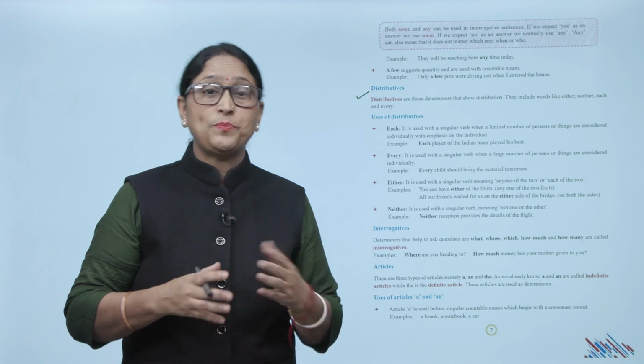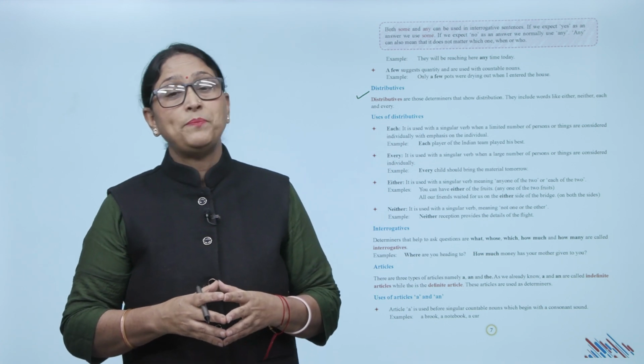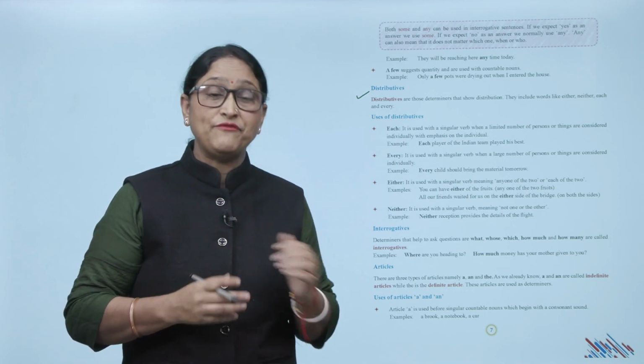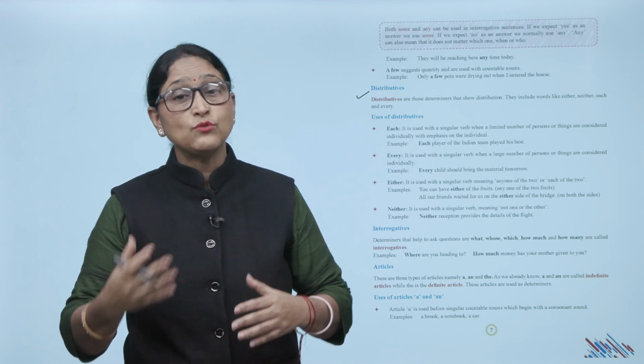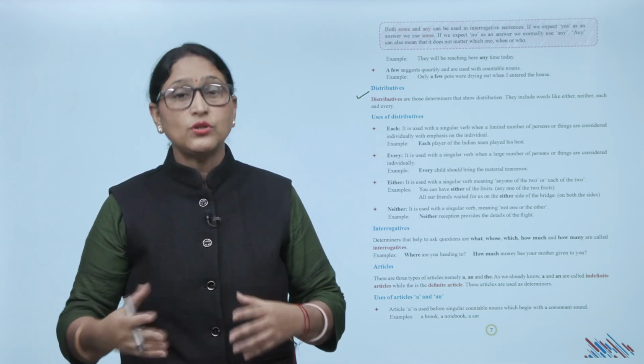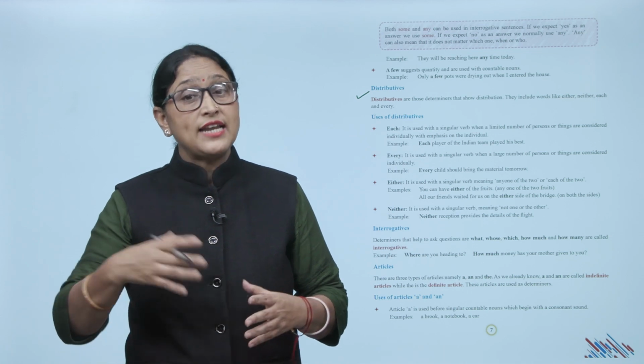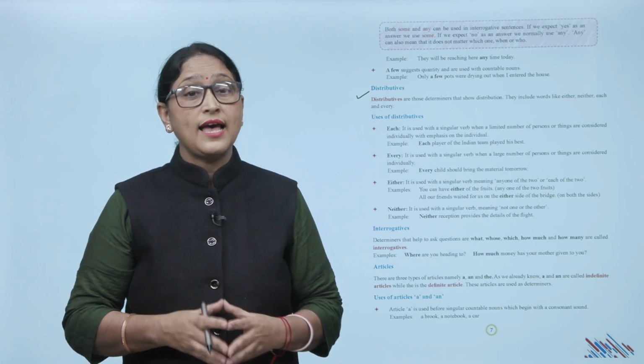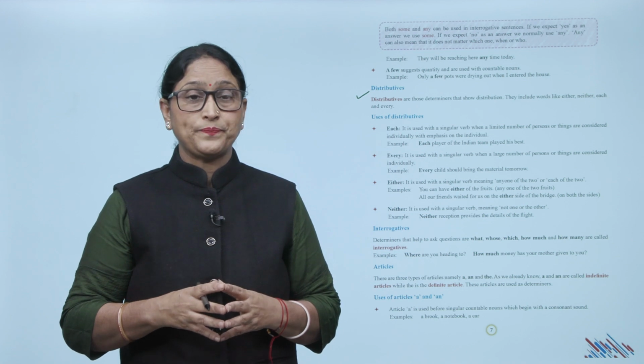Example: each player of the Indian team played his best. Next is every. It is used with a singular verb when a large number of persons or things are considered individually.